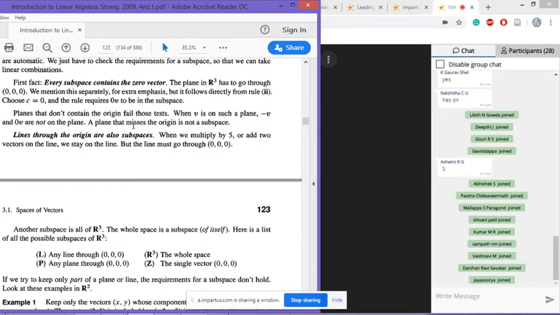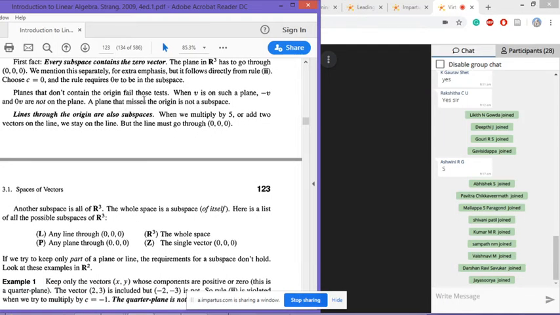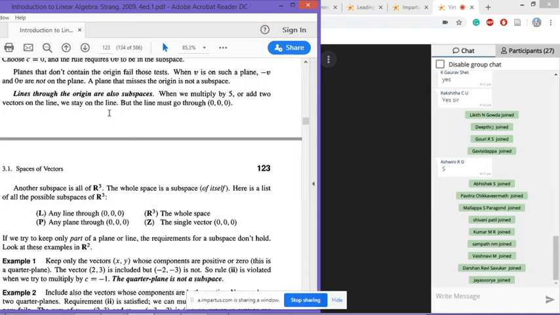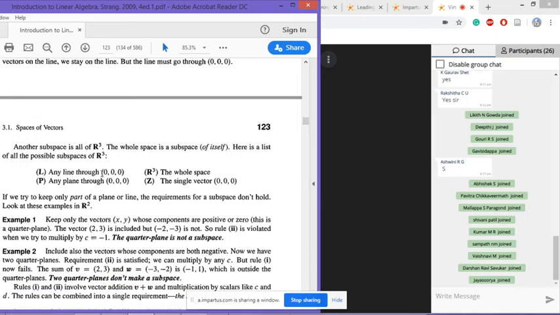Planes that don't contain the origin fail this test. Here is one more important point to note: planes that don't contain the origin fail to be a subspace. When V is on such a plane, minus V and 0 times V are not on the plane, so it misses the origin, which means it is not a subspace. Lines through the origin are also subspaces.